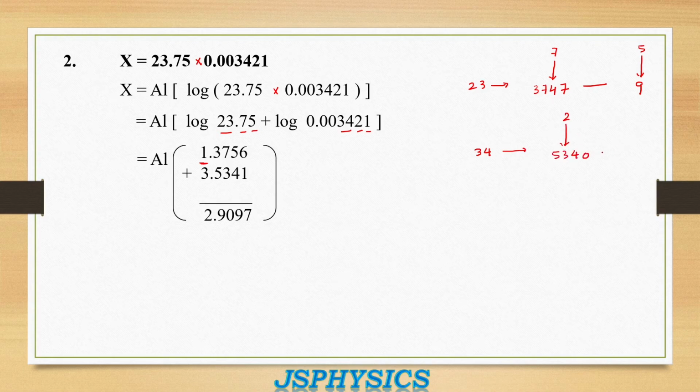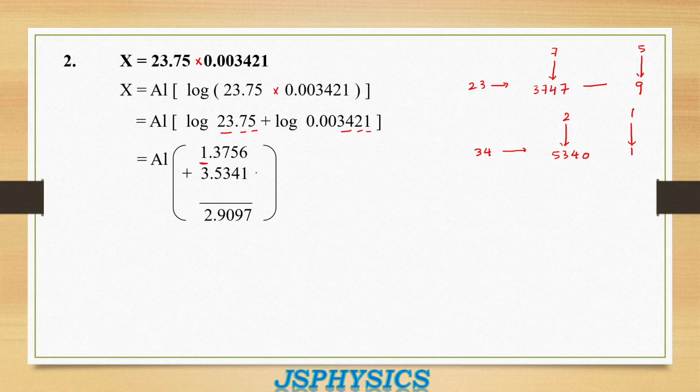And in the same row, under the mean difference of 1, the number written is 1. That means addition of these two numbers becomes 5341. And that's why the characteristic for this number is bar 3 and mantissa for this number is 5341. Now we have to add these two numbers because in logarithms, multiplication is replaced by addition.